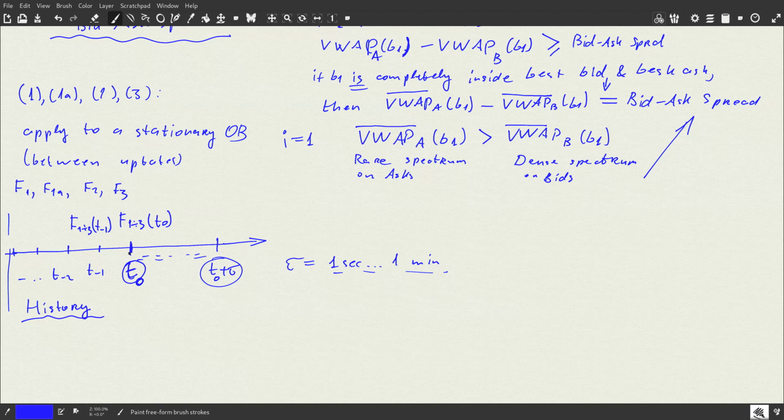If our stochastic process, which we are trying to predict, for example the mid price based on all this information, depends only on the features at t0 and does not depend on the previous features, this is the so-called Markov or Markovian property of our stochastic process, all right? Which may or may not be the case.